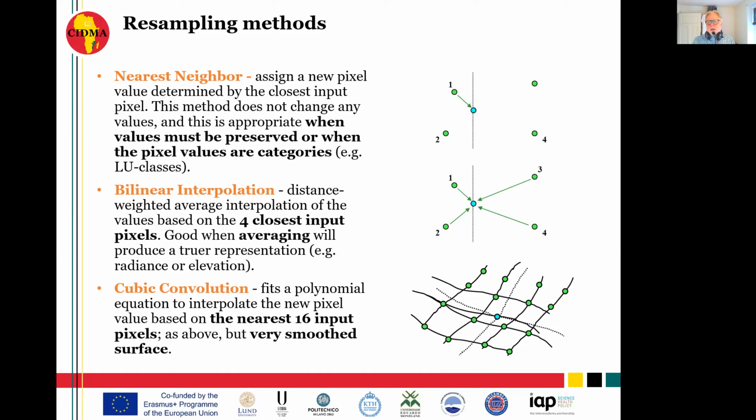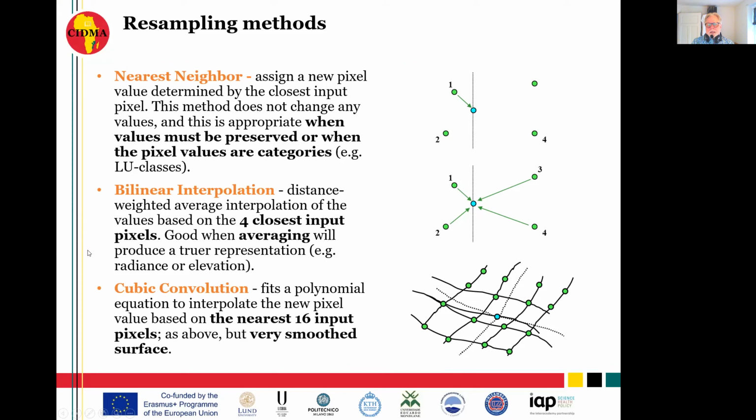It just takes the new value based on the closest pixel. And this is good when values need to be preserved, or when, for instance, pixel values are categories. If we have land use classes, for instance, if this pixel was forest, this pixel will be forest as well. Then it will have the same coding.